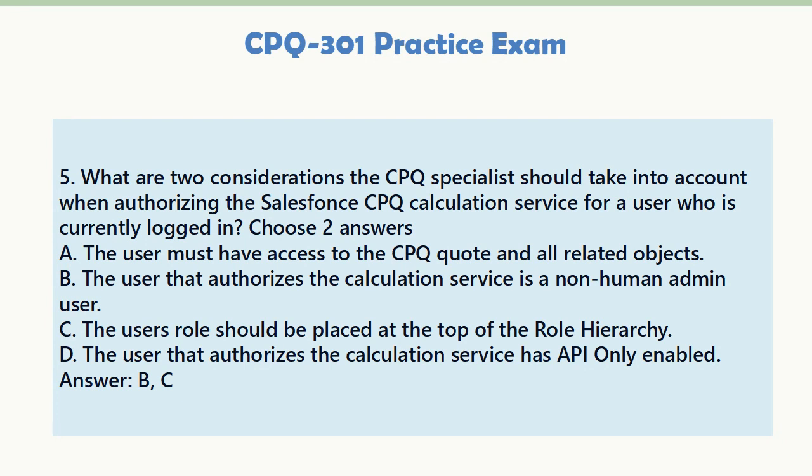B. The user that authorizes the calculation service is a non-human admin user. C. The user's role should be placed at the top of the role hierarchy. D. The user that authorizes the calculation service has API only enabled. Answer: B, C.